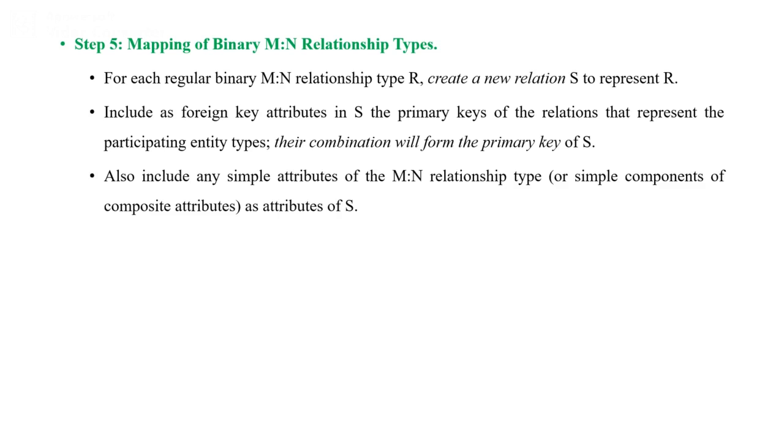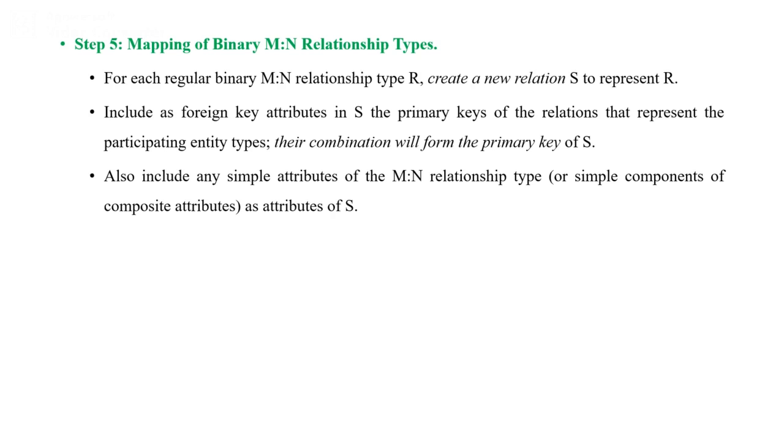Let us consider there is a works on relationship type in the company database. In the ER diagram, it includes the two entity types which are participating in this relationship type, that is works on.